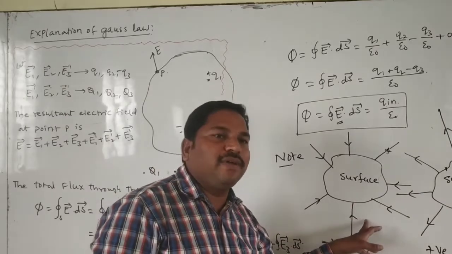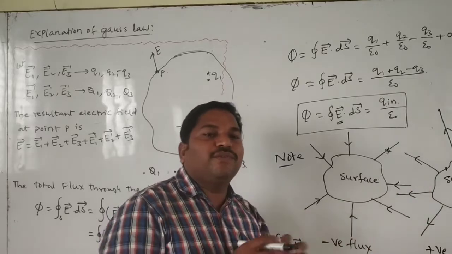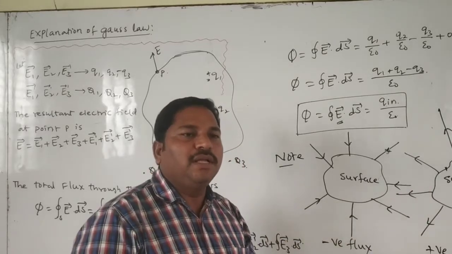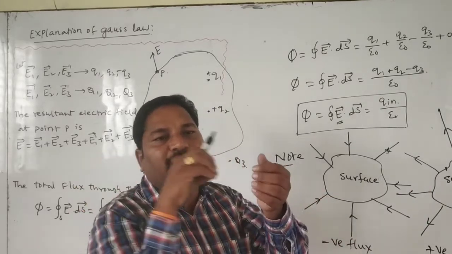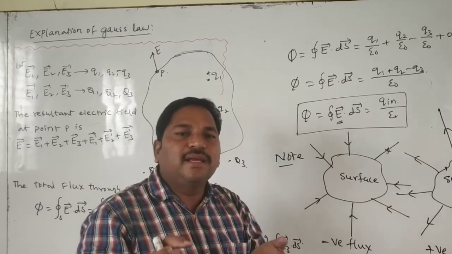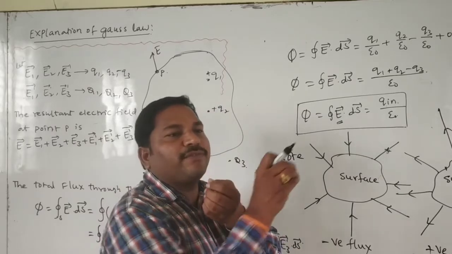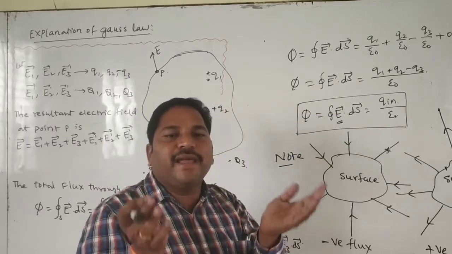Inward electric flux is taken as negative and outward electric flux is taken as positive. Suppose the electric flux enters the surface, that flux is taken as negative. The electric flux going away from the surface is taken as positive.